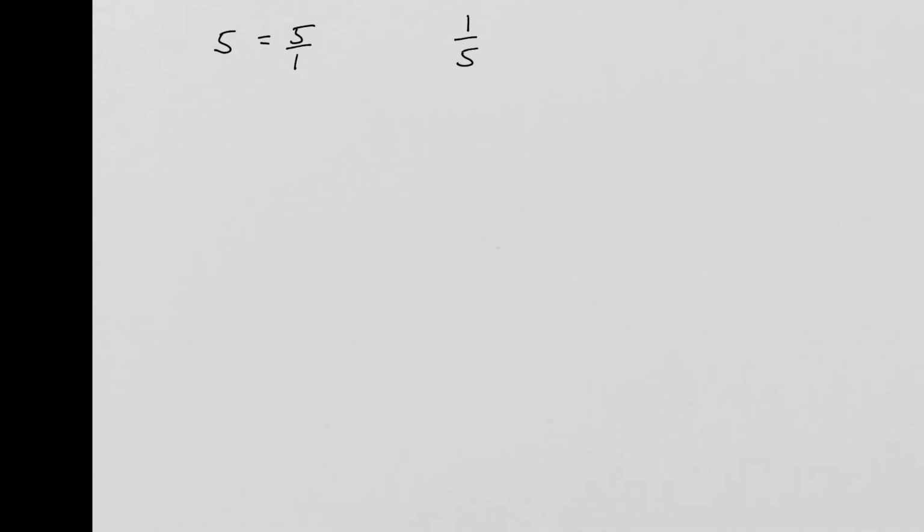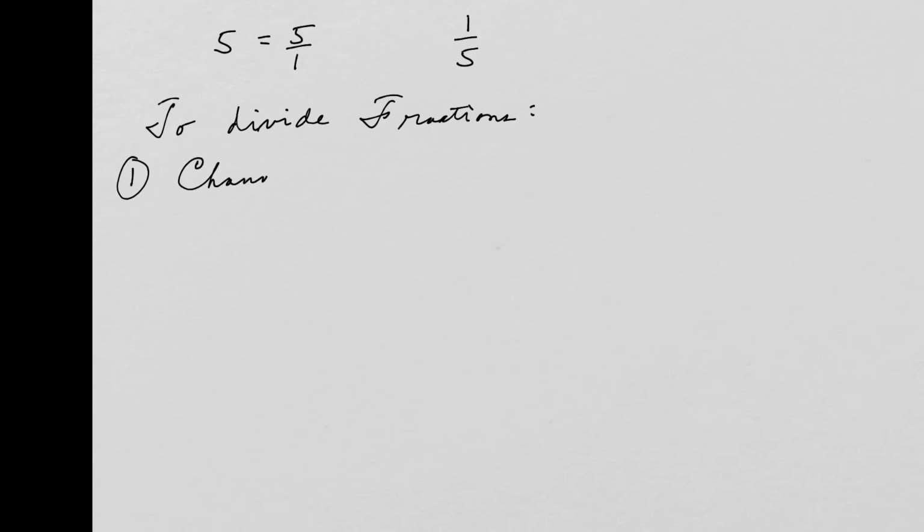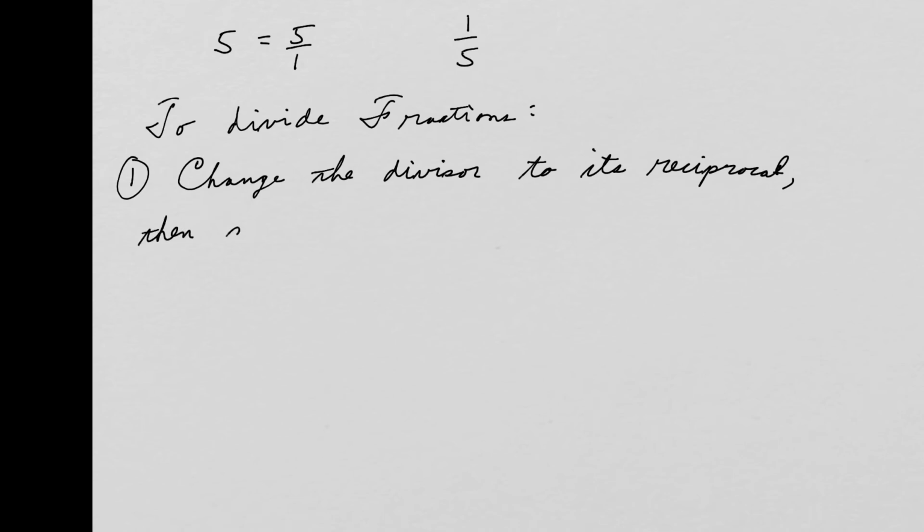So let me give you the rules for that. So to divide fractions, what you do is you change the divisor, right, the fraction being divided by, to its reciprocal, then multiply the resulting fractions.